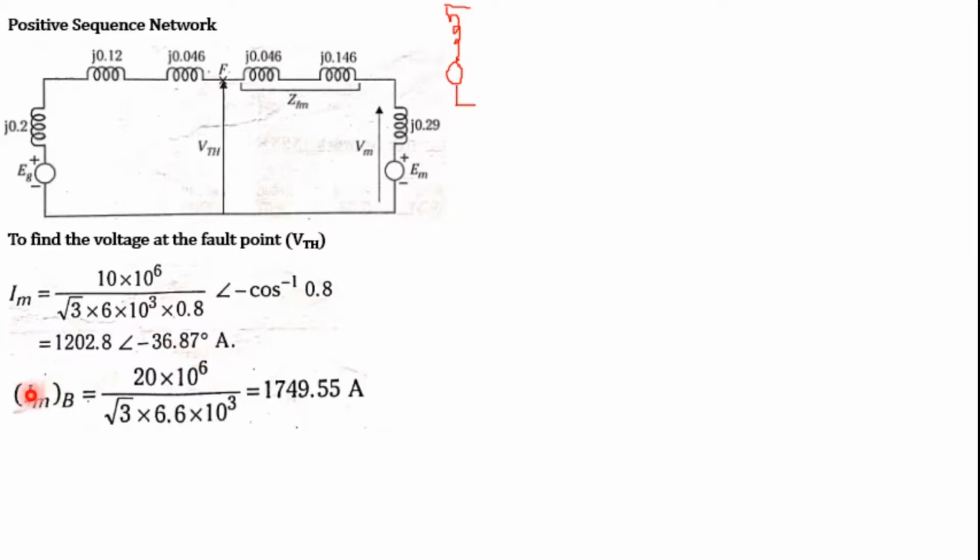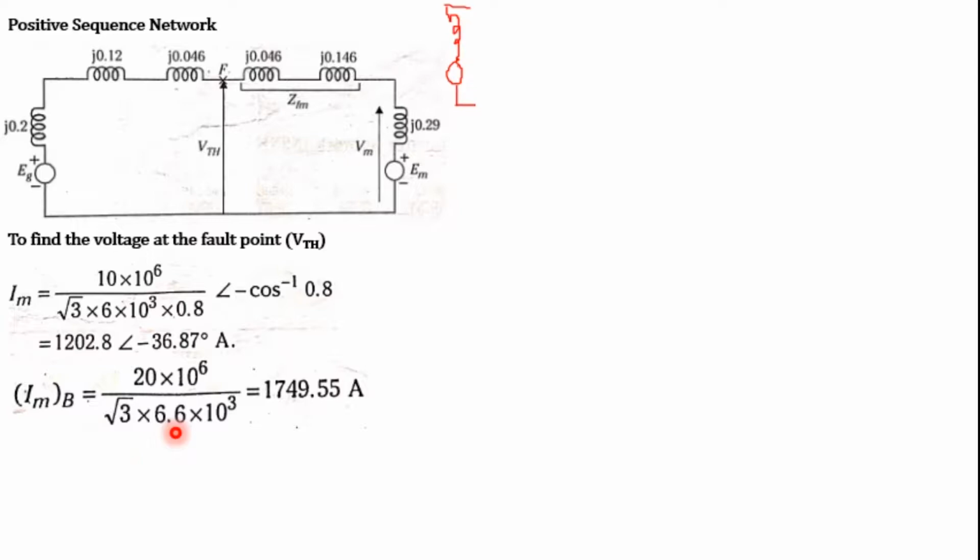So what is the base value? Look at the terminal, in which part of the circuit we are considering. This is the base value on the motor side. What is the new base value you got? It's 20 MVA. What is the voltage on the motor side? The new value we got is 6.6 kV.